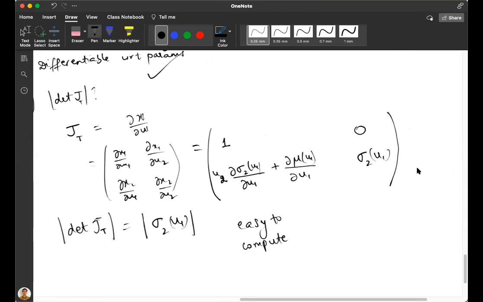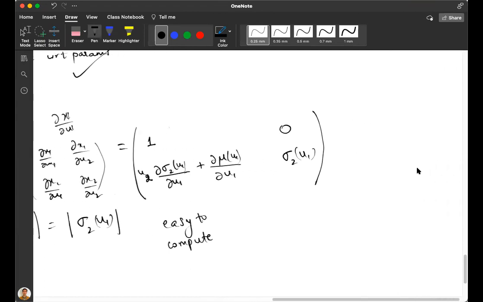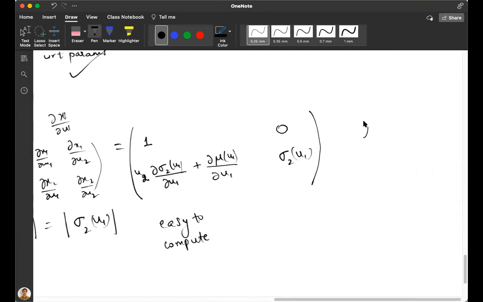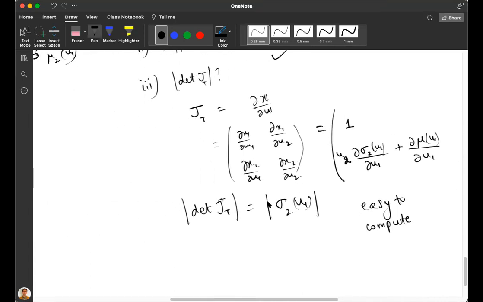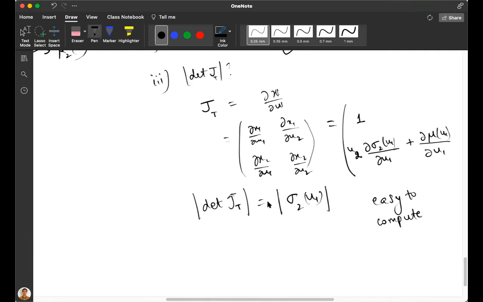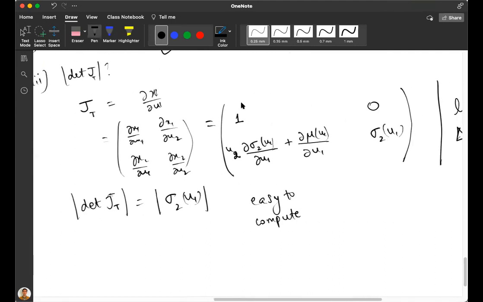What is that property? It's a lower triangular matrix. That's why the Jacobian is so easy to compute. It is just the product of the diagonals. So we don't need to care about this term at all, right? So this is a property: it's a lower triangular matrix.